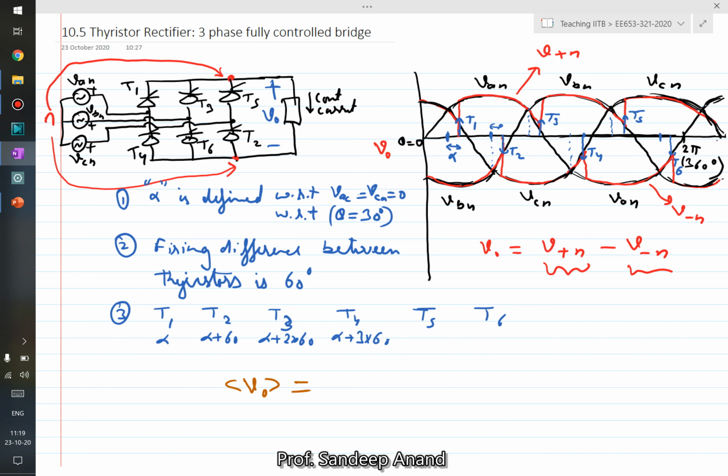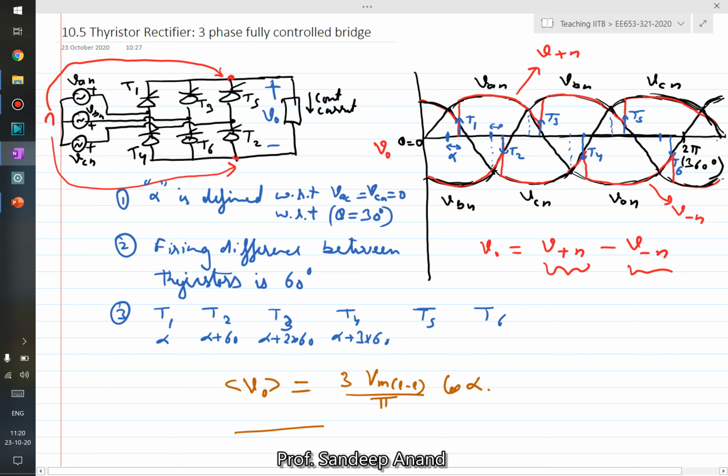I would not solve it the way I solved it in the previous video. If you want to take a hint, you can go to video 10.4 where I have done this calculation for a 3-phase, three-pulse rectifier. In this case, I would not solve it, but I would recommend you to go back and solve it. Let me directly give you the answer which you will get, which is 3 Vm line to line upon pi into cos of alpha.